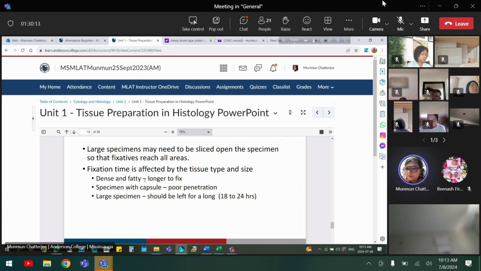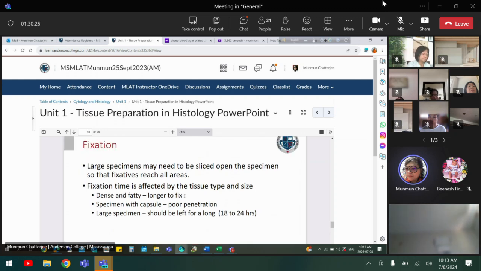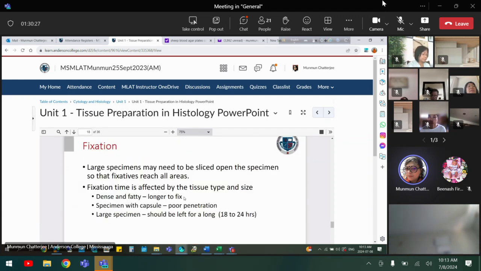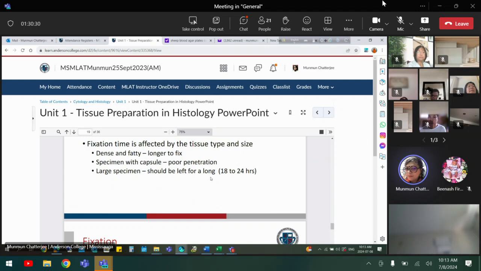A specimen with a capsule has poor penetration, so it takes a very long time to fix. A larger specimen should be left for a long time, not only 2, 3, or 4 hours. It has to be kept for longer so that all the fixative can go inside and the tissue becomes fixed, with opening or slicing of the tissue.